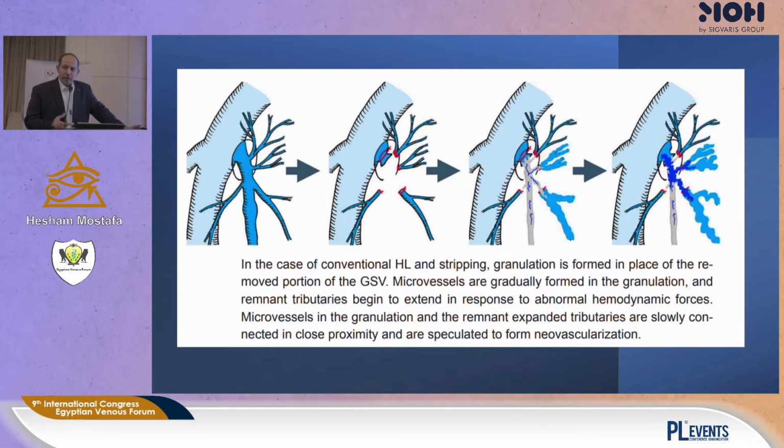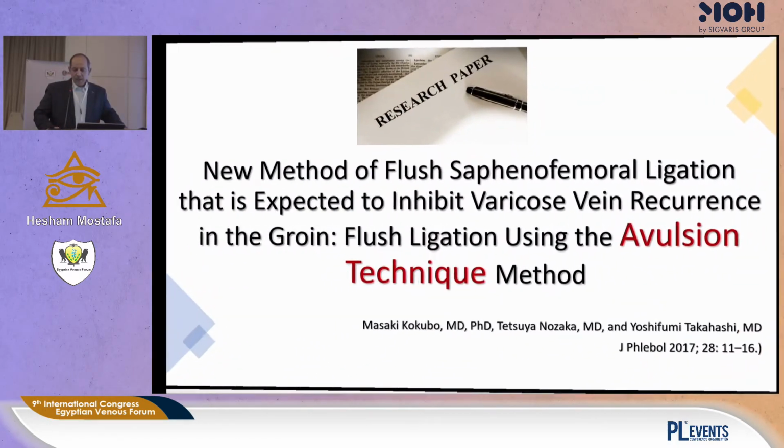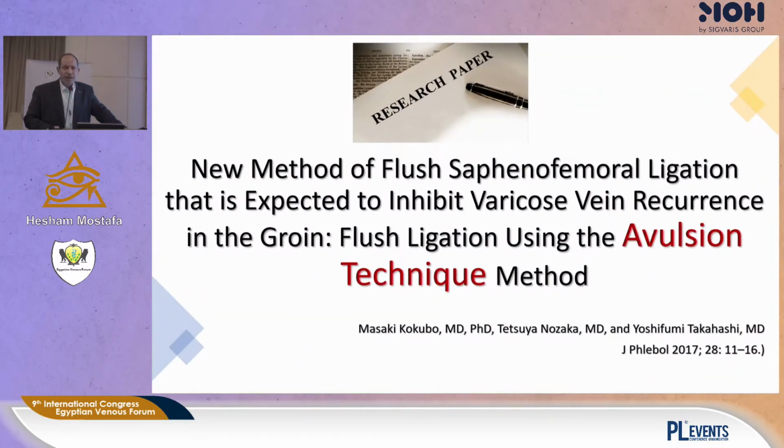What is neovascularization? When we ligate and disconnect the tributaries, a certain hematoma occurs, and then it gets organized and microvessels form, and these microvessels try to connect to the nearby tributaries. And hence, the idea of what is called the avulsion technique in Trendelenburg operation.